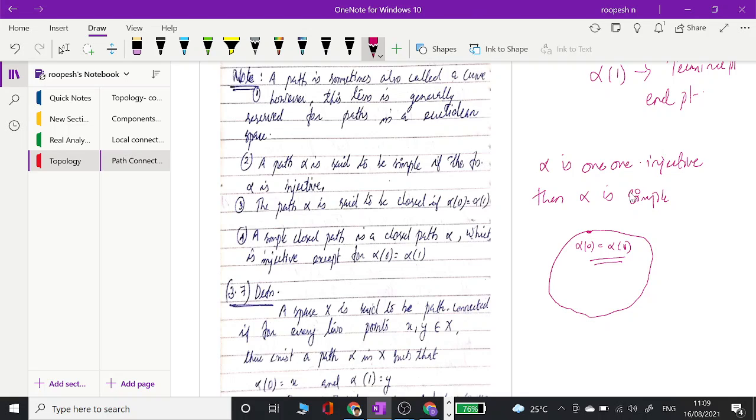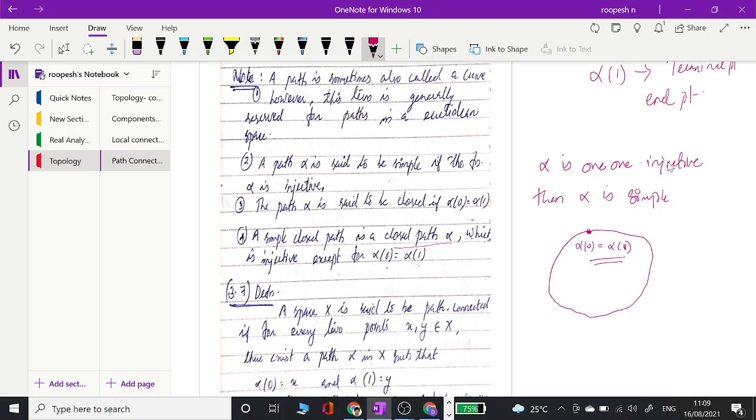A simple closed path is a closed path alpha that is injective except for alpha of 0 equal to alpha of 1. That is, the initial point and terminal point are the same, and the remaining points alpha should be one-one.